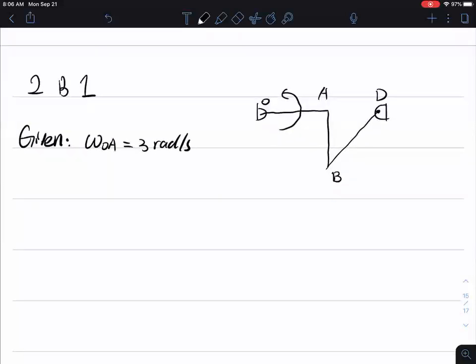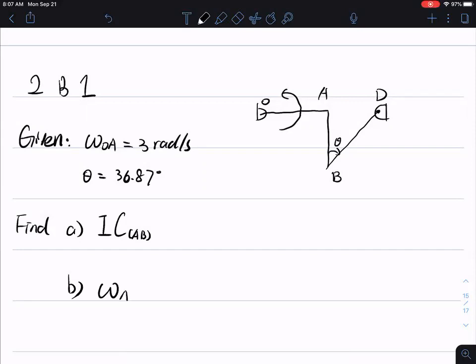And we also know theta, which is this angle here. Theta equals 36.87 degrees. And we need to find out what is the instant center of AB. That's part A. In part B, we want to find out omega AB and omega DB.